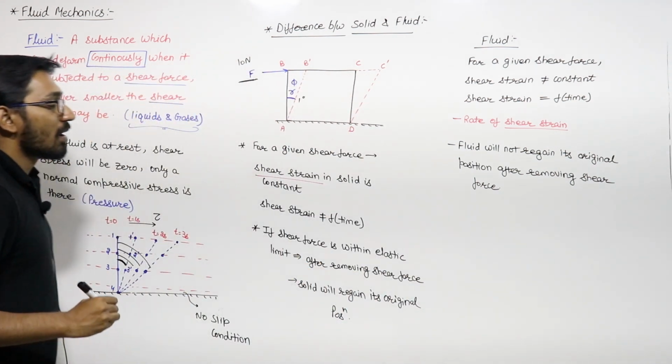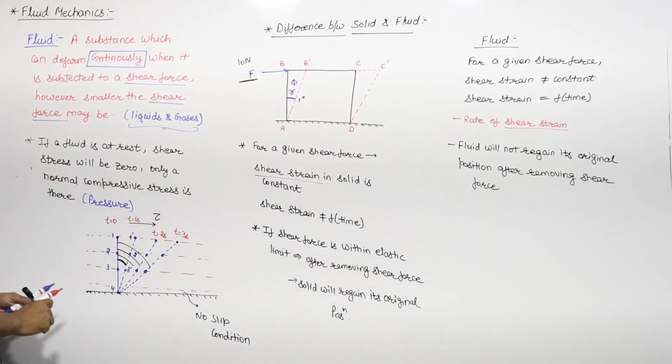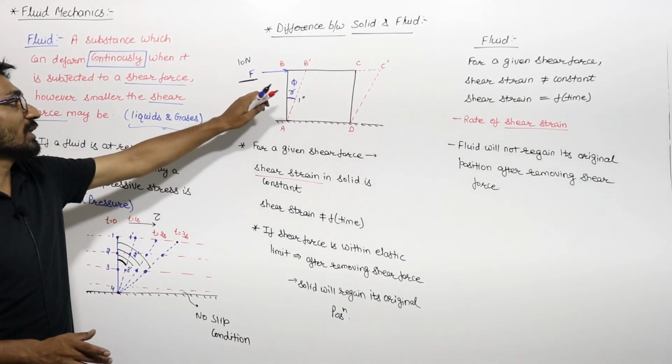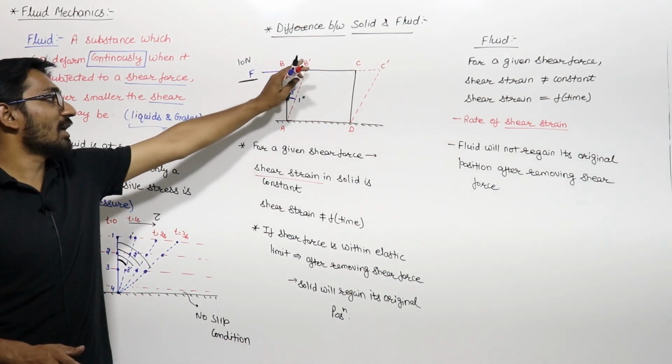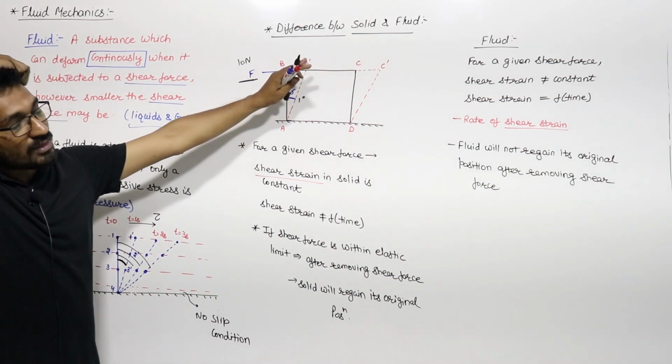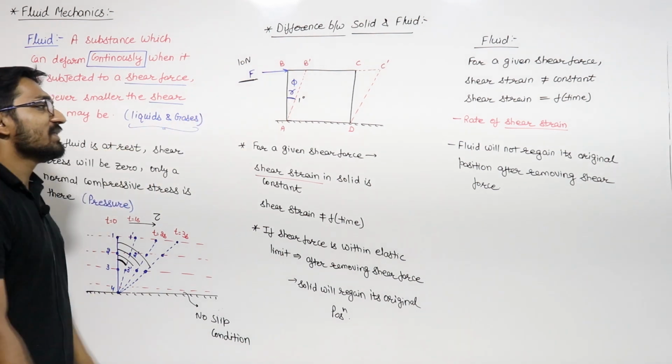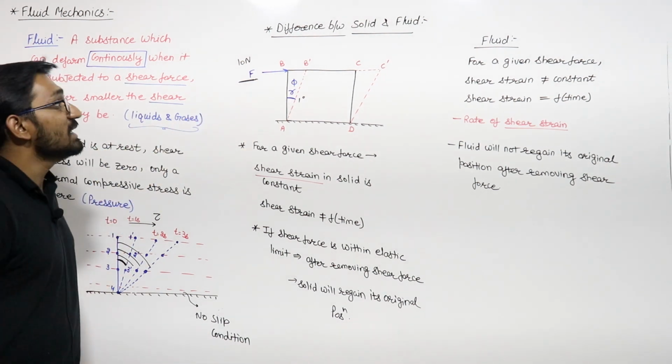From here you can see that the solid has a tendency to resist the shear force. After coming to some particular constant angle, this solid will resist the shear force.